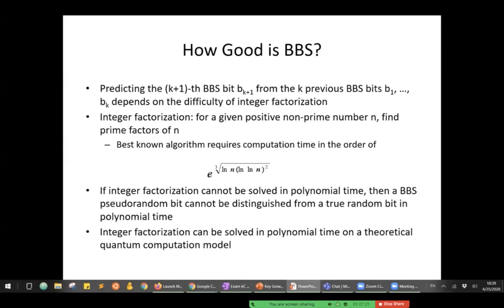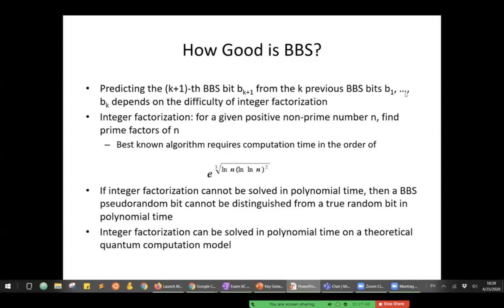So this BBS pseudo-random bit generator has a good property, namely predicting the next pseudo-random bit b sub k plus 1 from the k previous bits.